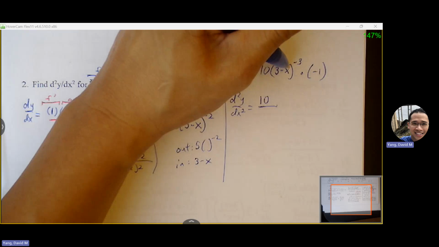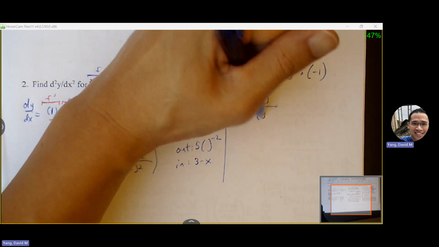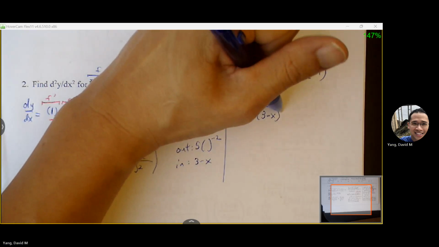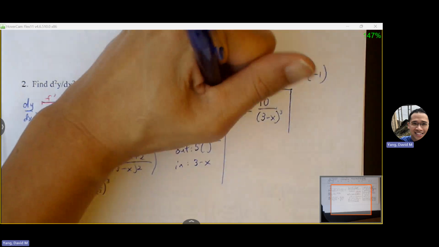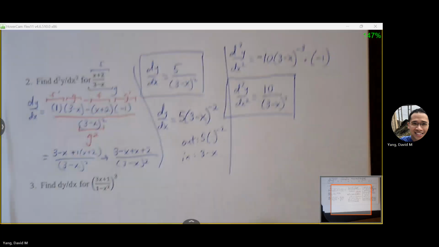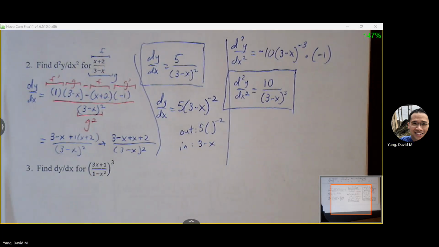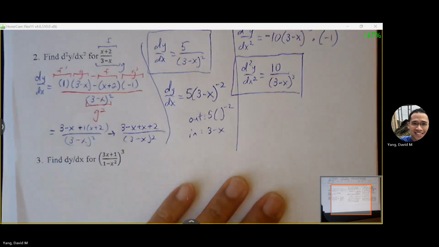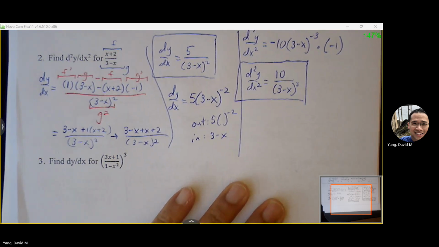I'm going to push that parentheses back down to the denominator. You'll get the same thing if you went through quotient rule. And I have that worked out on my key if you want to see that. Any questions with 2?